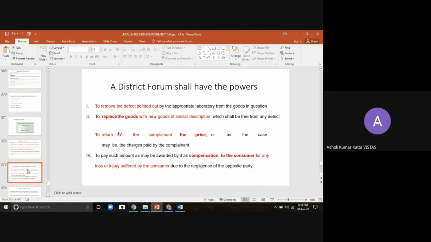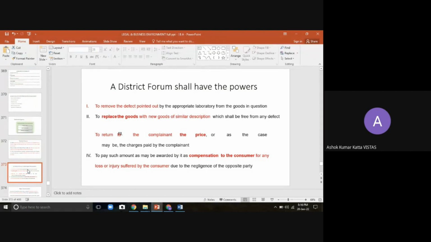Definitely, the company is responsible for that. They will repay the compensation to the consumers because of negligence in the manufacturing of the product. So these are the general powers of the district level forums.